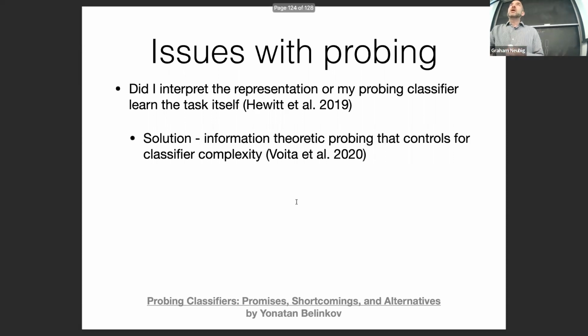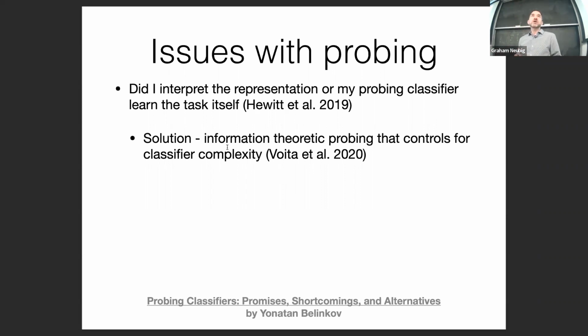One way to solve this is to use something called information theoretic probing. The idea is that if you're able to learn this more efficiently, or with fewer data points, then it's more likely to be a real effect that's appearing in the embeddings, as opposed to an arbitrary thing where you just learn the mapping between the input and the output.